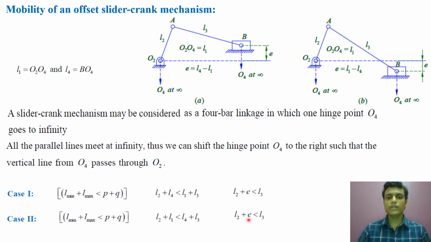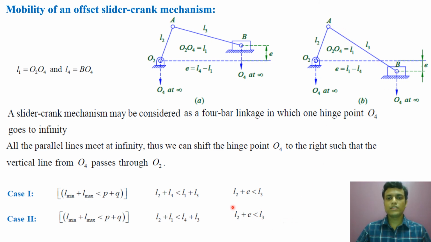So here we get the same condition for both cases. So to become a slider crank mechanism, slider crank meaning the crank can rotate 360 degrees, the condition is length of crank plus offset should be less than or equal to length of connecting rod.